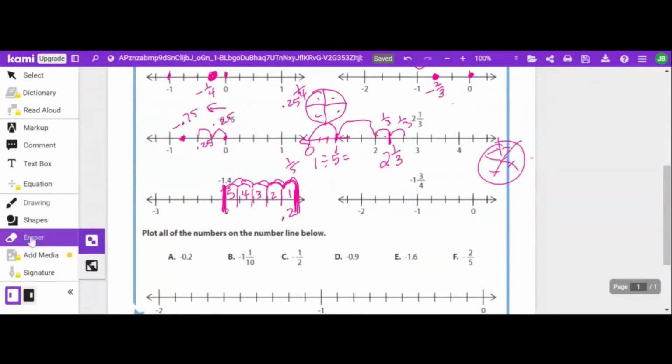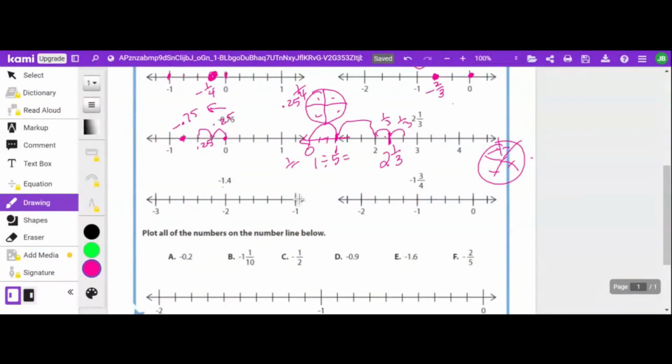So let me erase all this mess off of here now. So if each chunk is 0.2, we've made it to -1, and we've got to go to -1.4. How many hash marks to the left do I move to get to -1.4 if each chunk is 0.2?